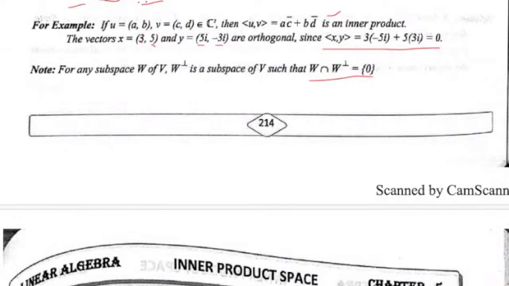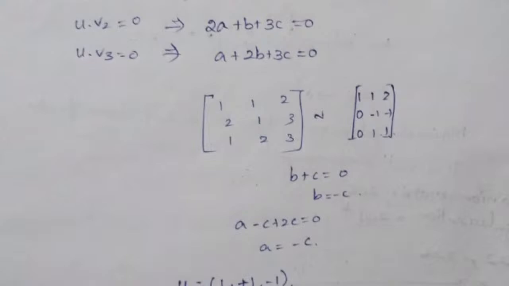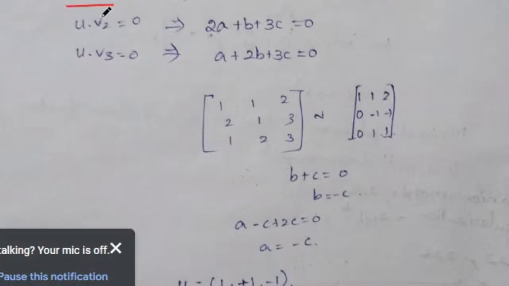For this, let us see an example. We have to find a non-zero vector u that is orthogonal to v1, v2 and v3. Here, in the inner product space R3, the inner product is the dot product.